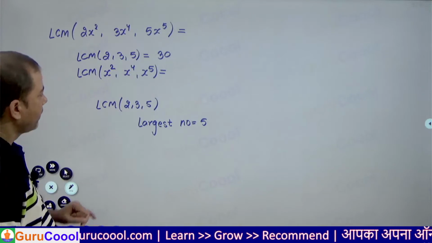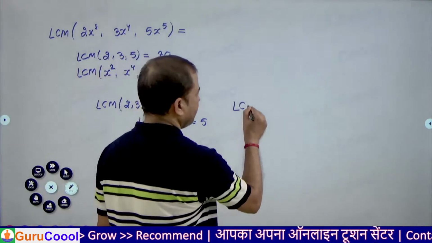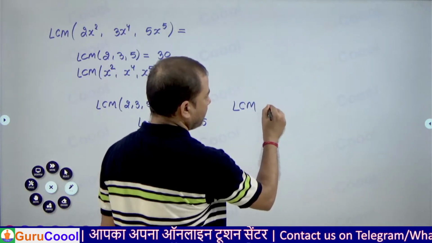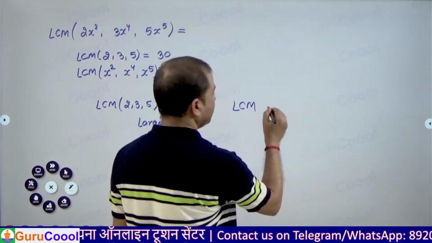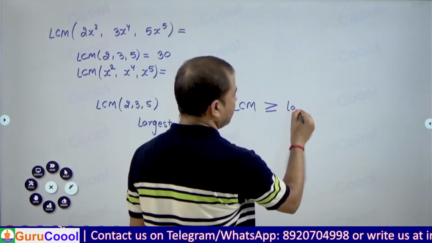Understood? LCM is always either equal to or greater than the largest number.